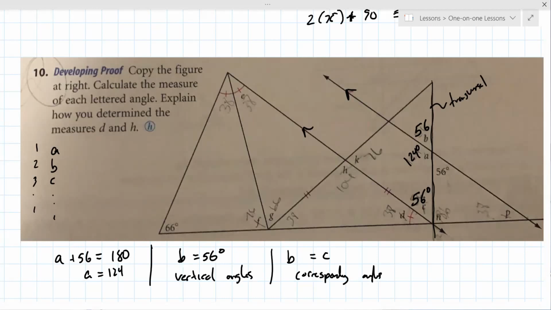So where is E? Or where's D? Oh, D is right there. This angle is congruent to E. How does that come about? 38.